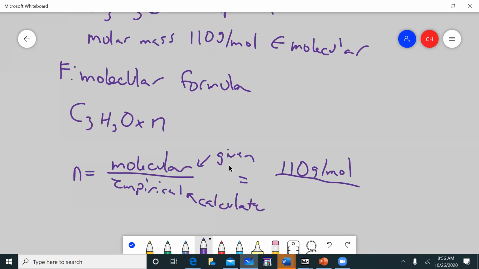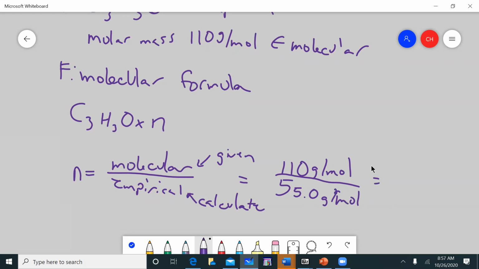My empirical, let me calculate it here, is 12.01 times 3 plus 3.03 plus oxygen 16. All right, so we got 55 or 55.06, somewhere around there, grams per mole.